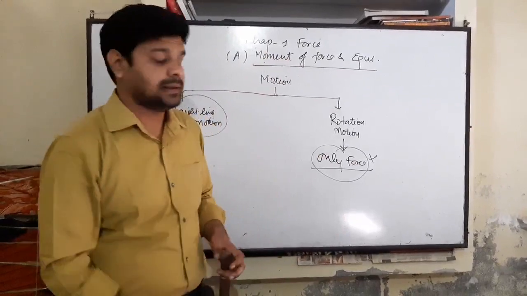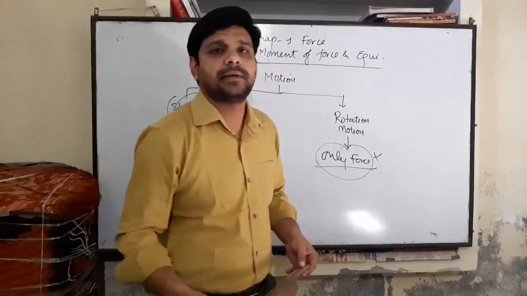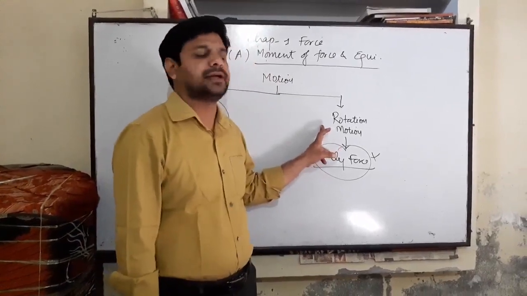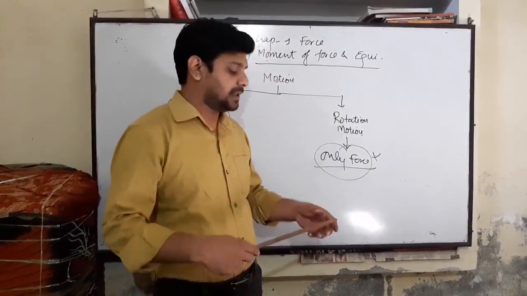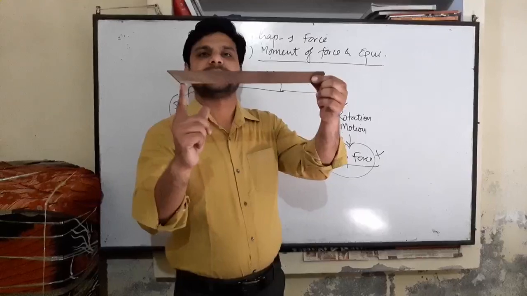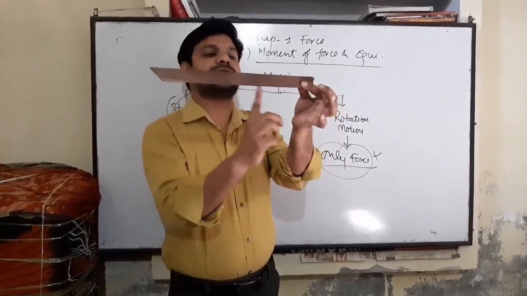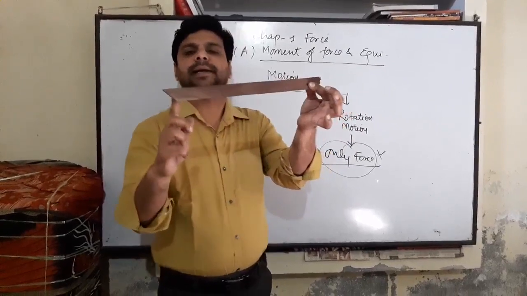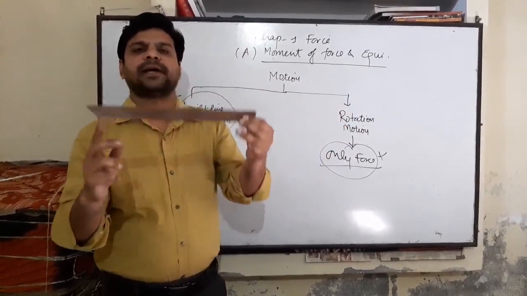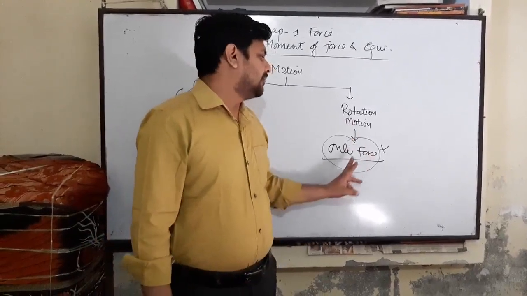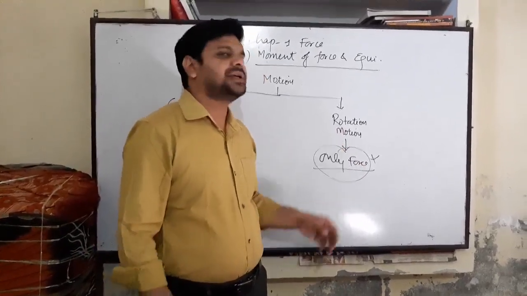Something else with force provides rotation motion. Then what is it? This is the distance from axis of rotation and point of application of force. Only force does not provide rotation.